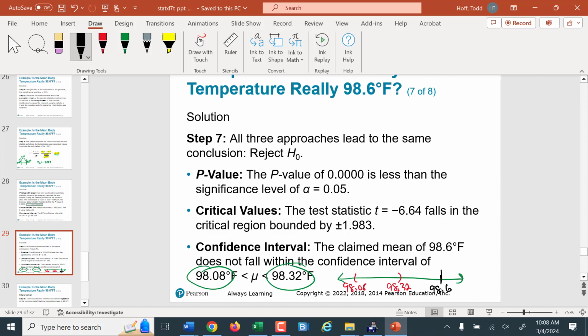So there are no points in that interval that are on the other side of 98.6. 98.6 is not in the interval. So we're saying that at 95% confidence, since this is a two-tailed test, we're that sure that 98.6 is not the true value. So the confidence interval confirms us rejecting that null hypothesis.